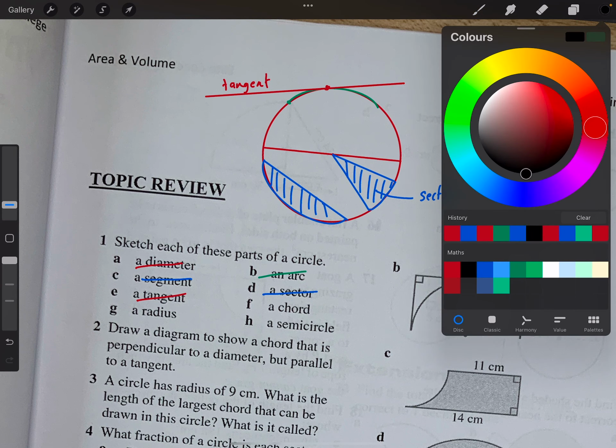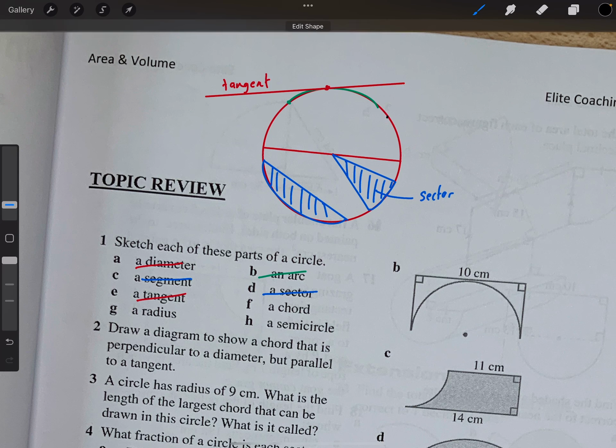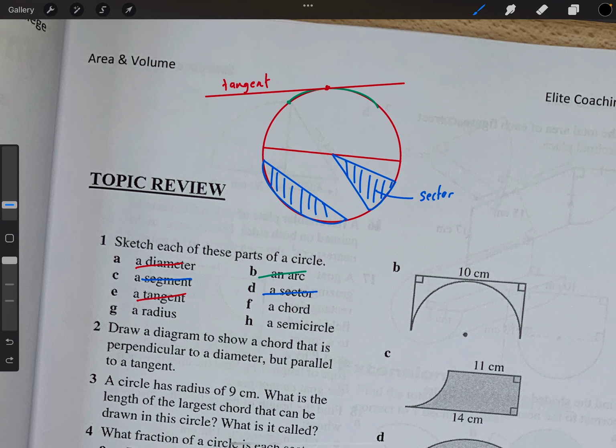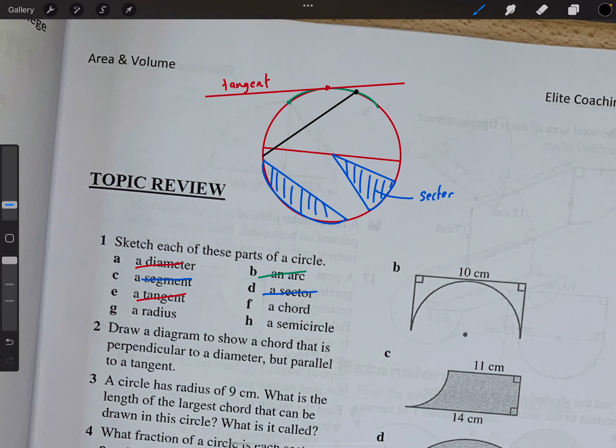I'm just going to do it in black. It's just a line that, let me see, I'll use it on this side. There's a chord. It's just a line that goes from one circumference of a circle to the other one, and it doesn't pass through the center. If it passes through the center, that's also a chord, but that's called a diameter.